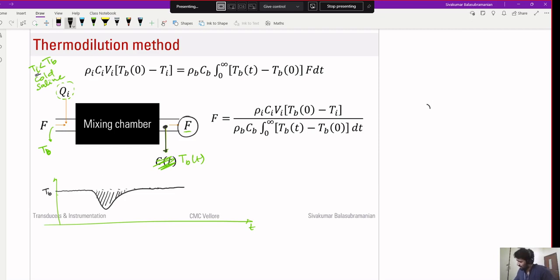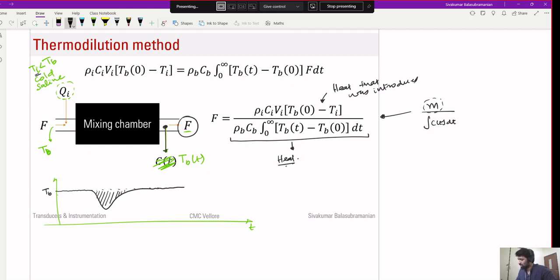Last time we had m divided by the integral of C of t dt. This is similar to that, except now the mass would simply become the heat that was introduced, divided by the heat introduced per volume, into time.